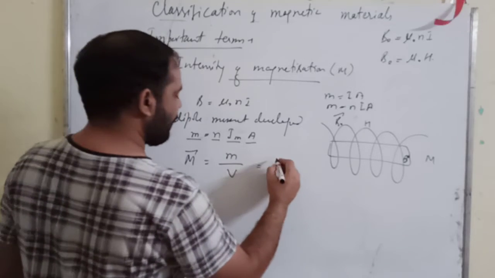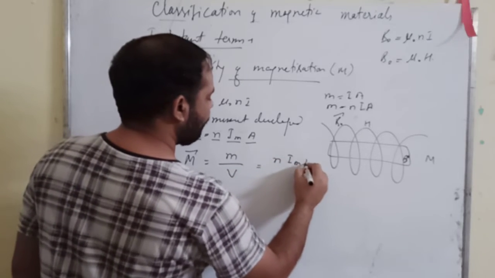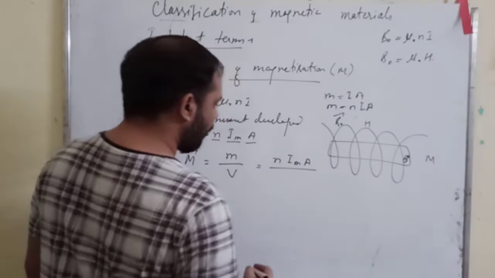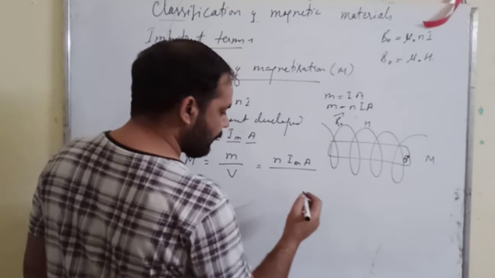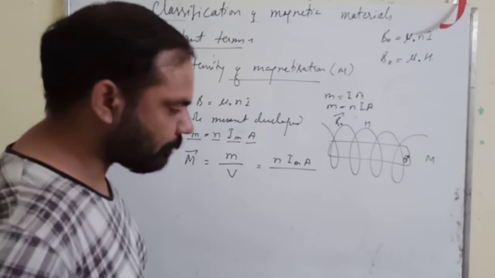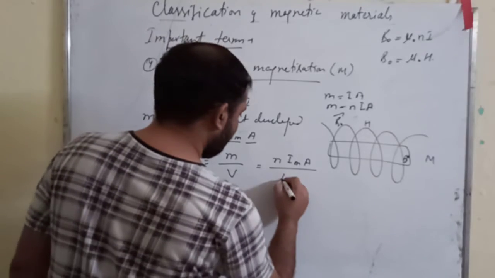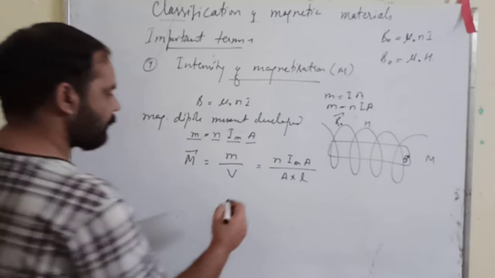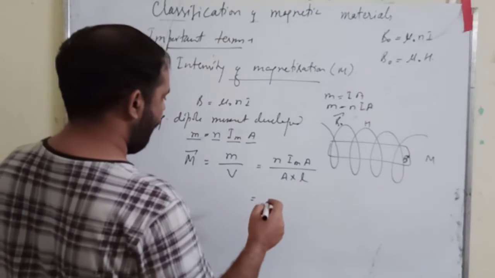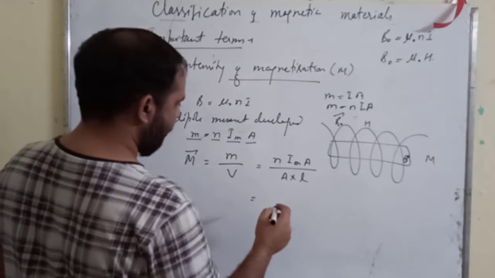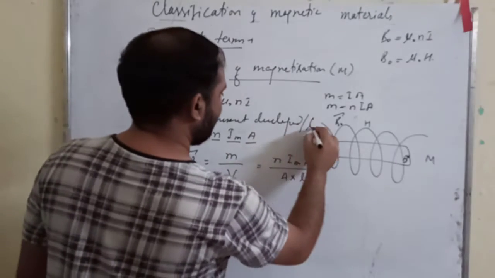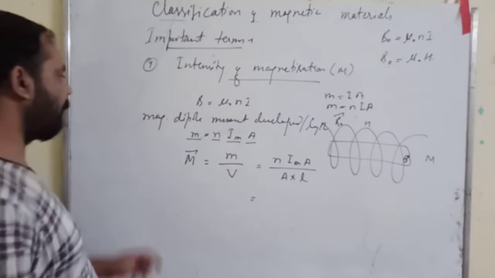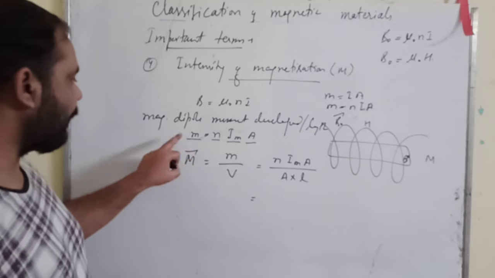So M is equal to N Im A upon V, which is A into L. Actually this was per unit length only, the magnetic dipole moment developed per unit length.